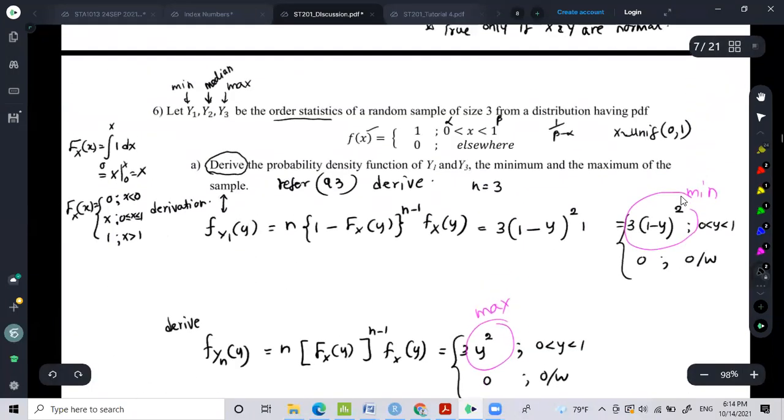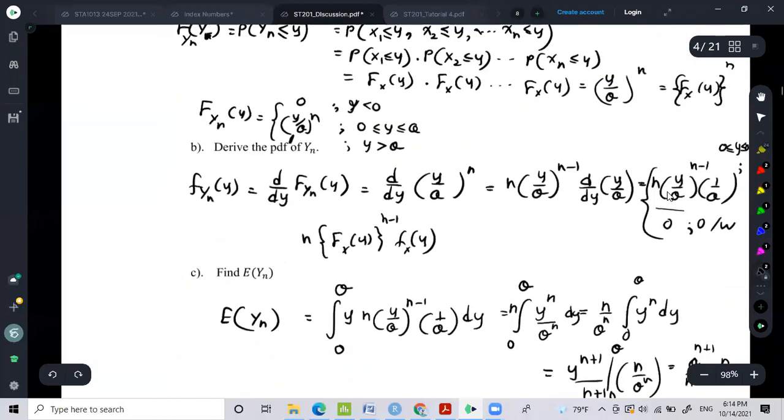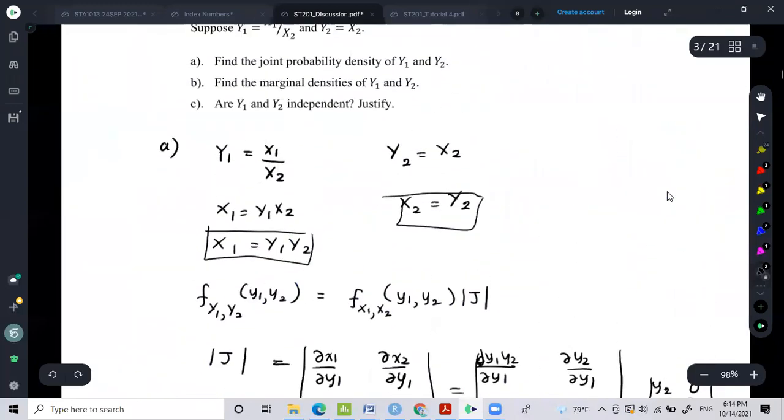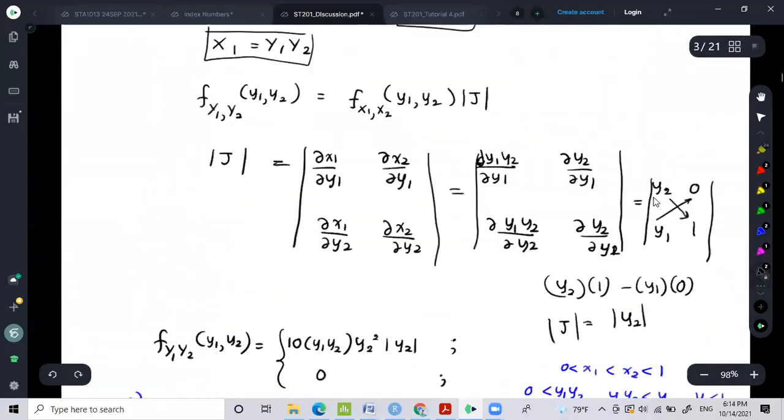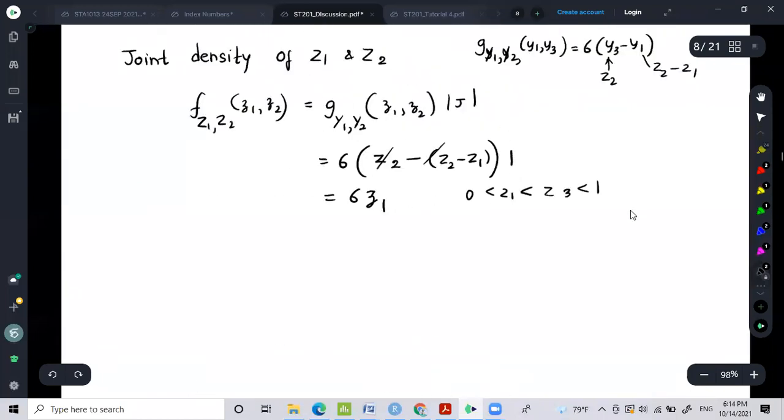Please refer to that. I did this, how to find the support of the joint density. You can easily do that by looking at this one, splitting it into two, and writing down what is Y1 and what is Y3, and you can easily get this. Now that is not the final answer, because this is the joint density.